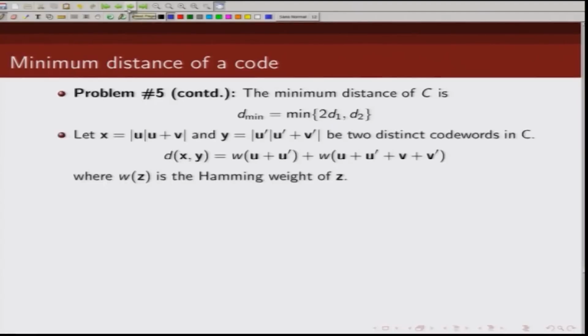So, let us consider two distinct code words x and y. We denote x as the concatenation of u and u plus v, and y as u prime and u prime plus v prime. Let x and y be two distinct code words in C. Now, what is the Hamming distance between x and y?